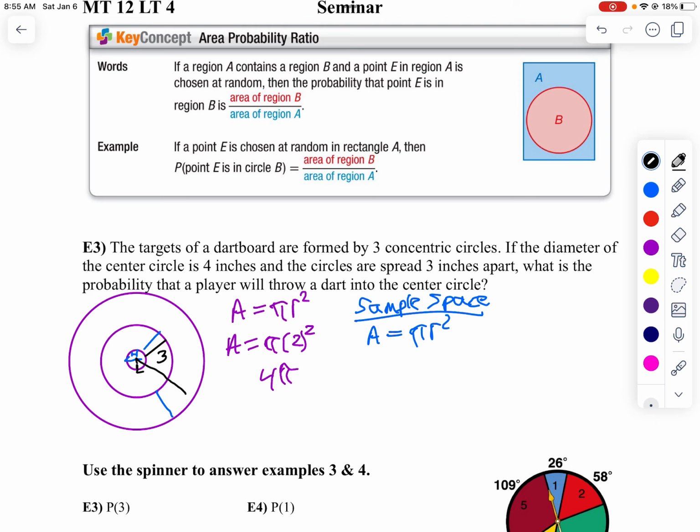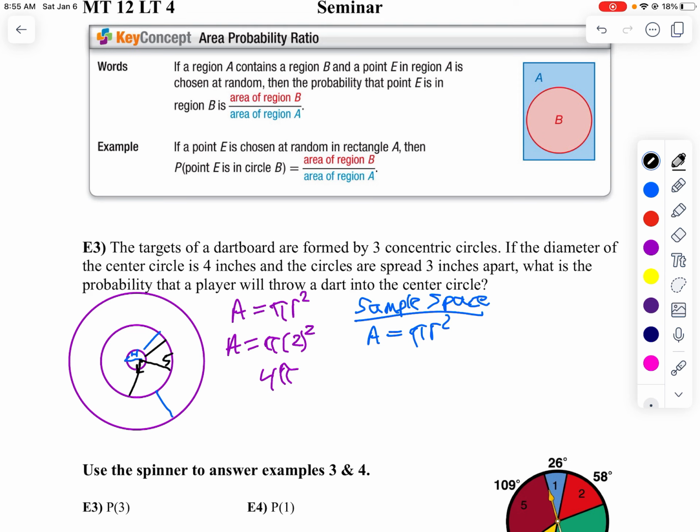If I add 3 onto that, the radius is going to be, why did I say 8? That's dumb. 3 plus 3 is not 8. Sorry, that's 6. Wow. Let's back that up. I apologize. Let's try that again. 2 plus 3 is 5.